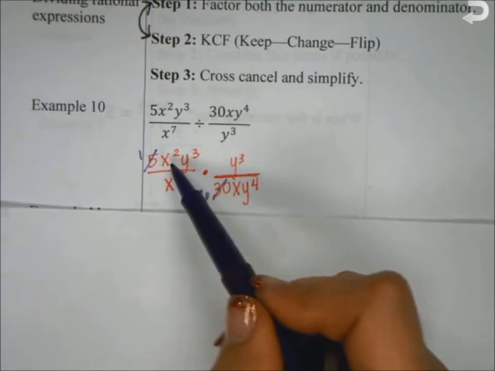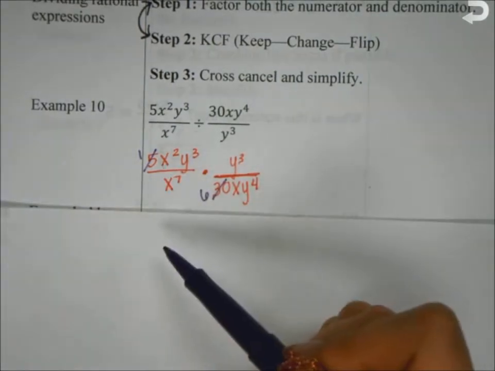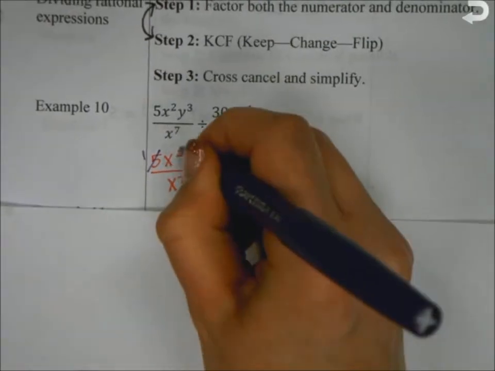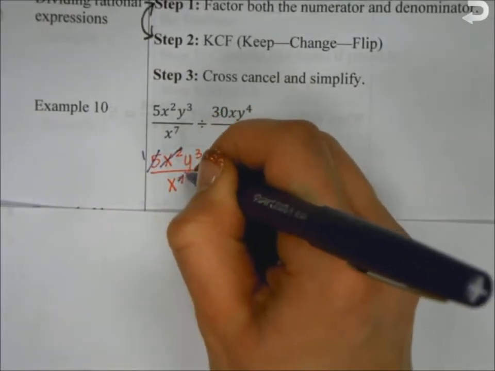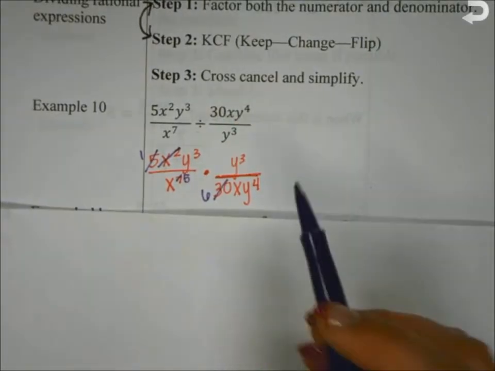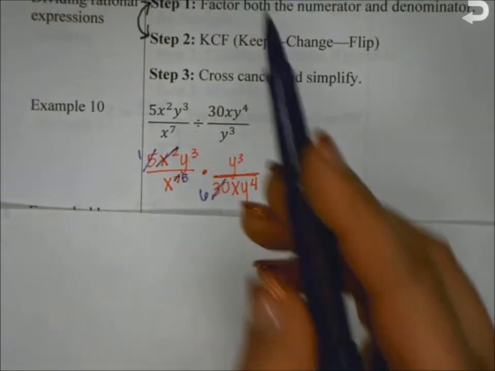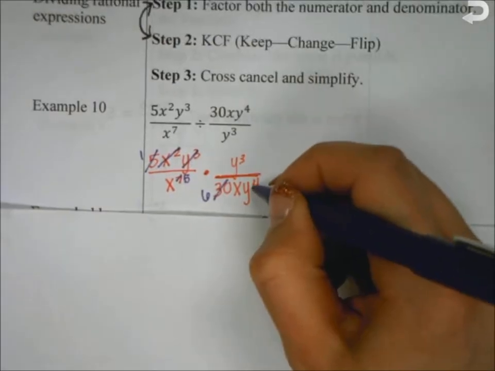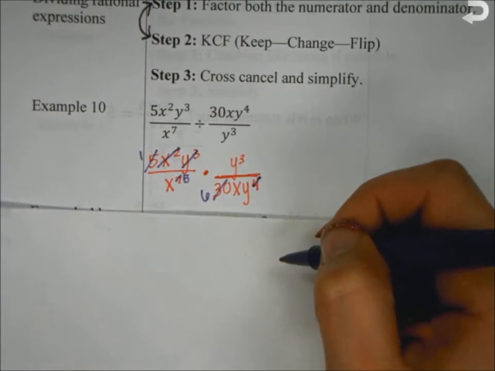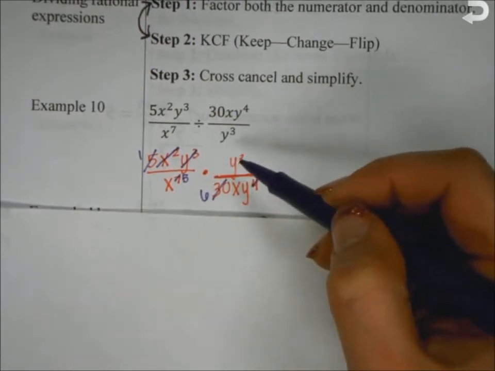We also have y to the third, which will cancel with 3 of these y's, so that becomes what? Y. Just y. But I have y to the third on top and 1 y on bottom, so some of those are going to cancel too, right? Yeah. This y is going to cancel with 1 of those, so it becomes y to the second.